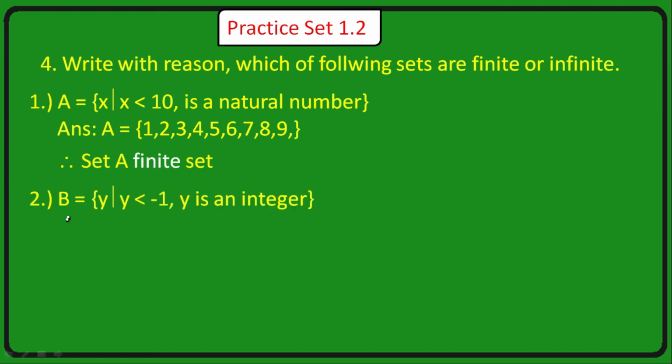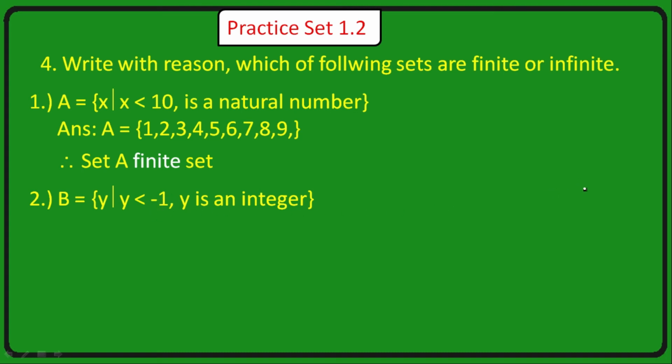The second example is like this: B is the set of all y such that the value of y is less than -1. Note this: y is an integer.